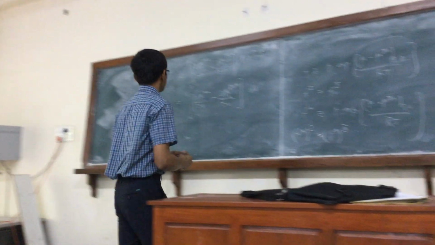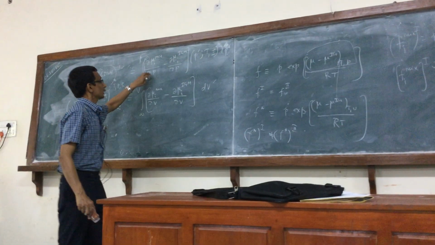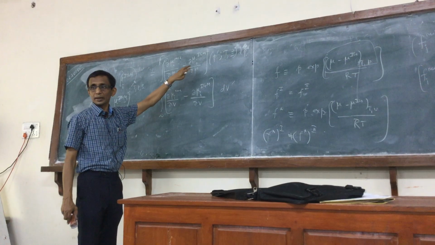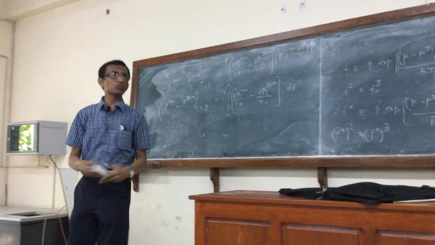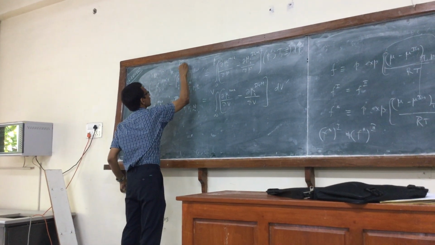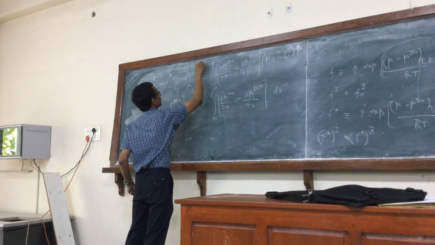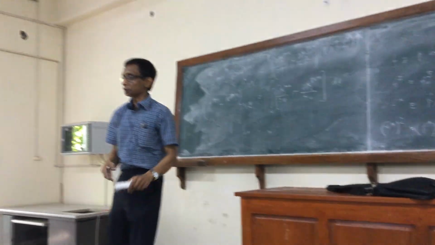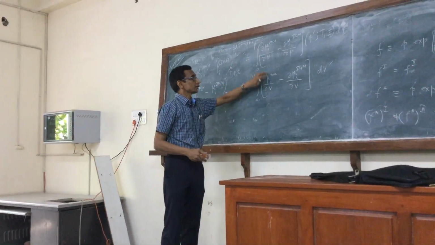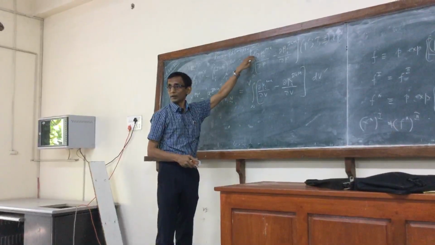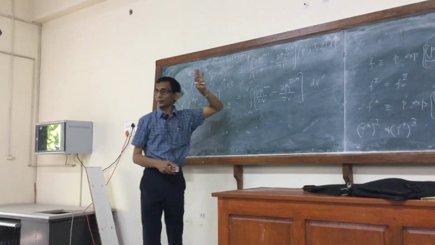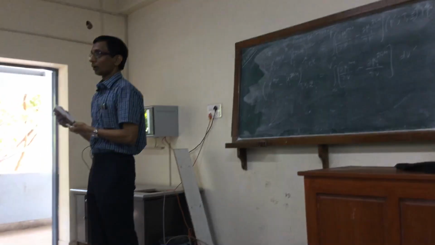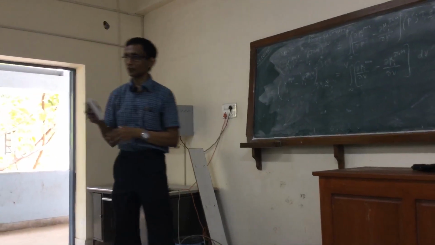So now, to calculate dmu_i by dp and dmu_i by dT at fixed p and z, we use the general equation to arrive at that, and we showed that this is related to the partial molar volume, whereas the derivative of mu_i mixed with respect to temperature at fixed pressure is related to the partial molar entropy, so it's a negative of that.